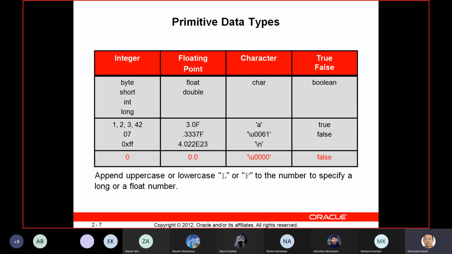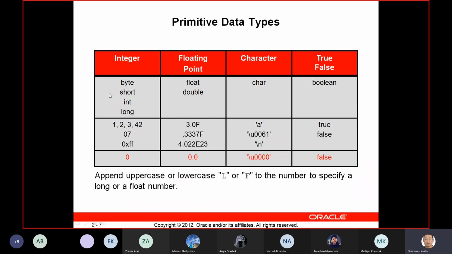The Java data types. If you remember in C++, there is integer. Integer has many types: byte, short, int, and long.